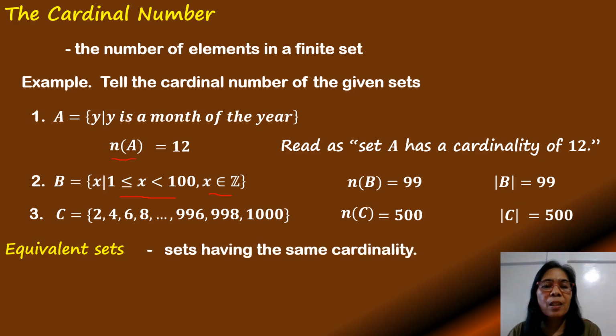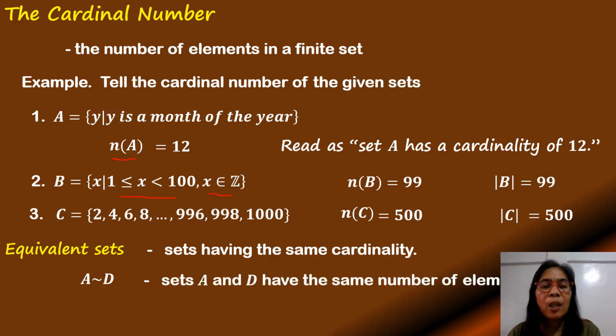Equivalent sets. So two sets are equivalent if they have the same cardinality. This symbol, which we can read this one as set A is equivalent to set B, will tell us that set A and set B have the same number of elements.